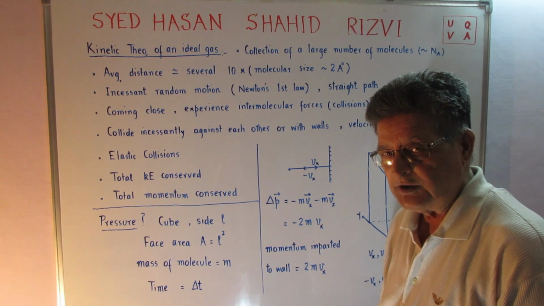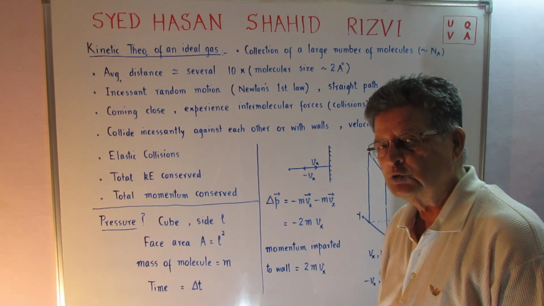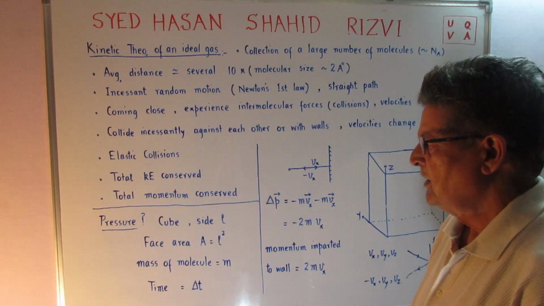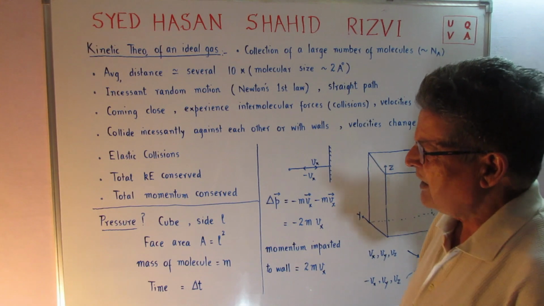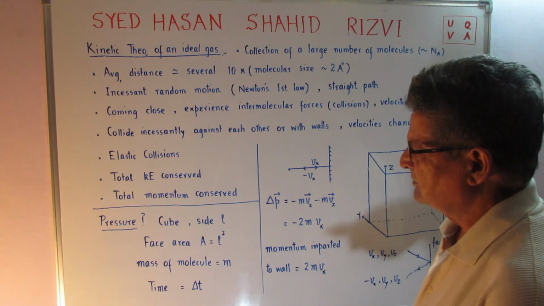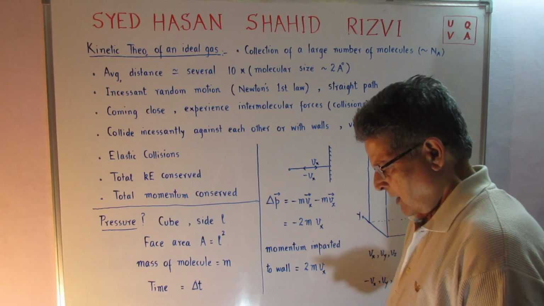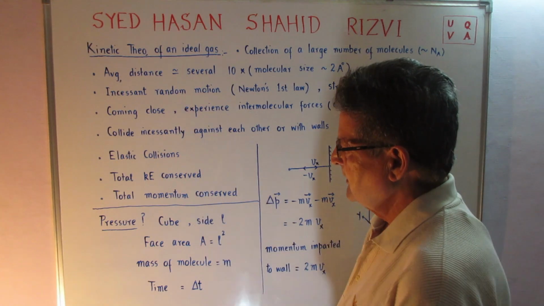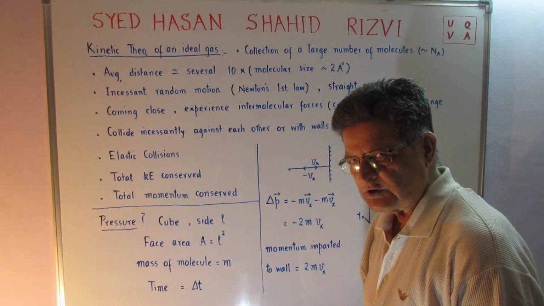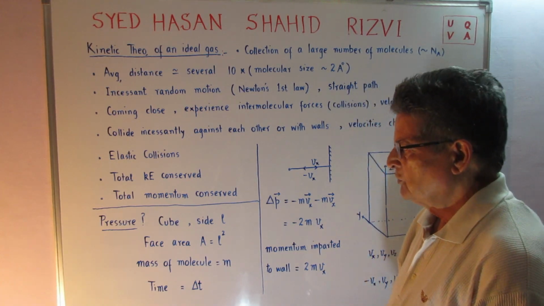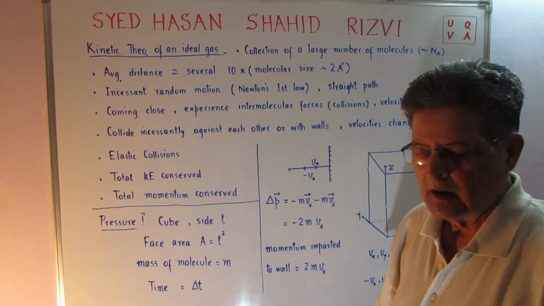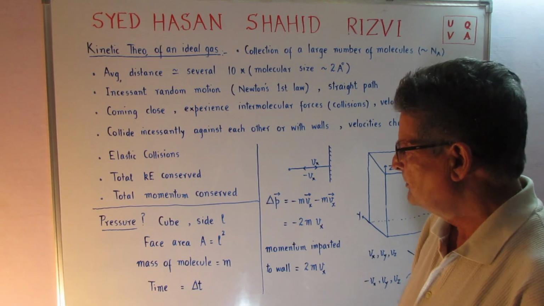When I say so, it means that the magnitude of speed and the direction may change according to what kind of interaction they have with each other and with the walls of the container. The interesting thing is that we consider these collisions to be perfectly elastic collisions. Therefore, the total kinetic energy of the system is conserved, and also the total momentum is conserved.